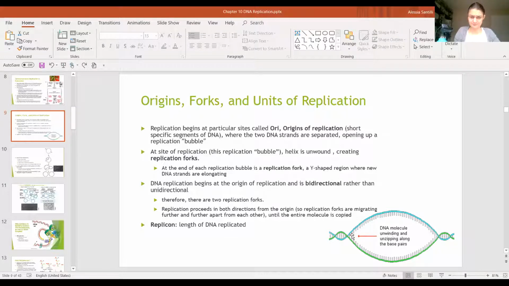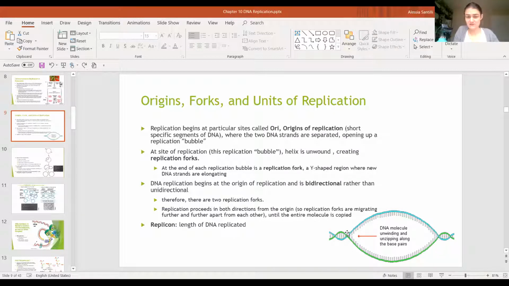the DNA. So DNA replication begins at the origin of replication, and it is also bidirectional rather than unidirectional. So when our DNA opens up and DNA replication starts, it doesn't just go one direction, the DNA is replicated in both directions. So you can see here we have two replication forks.